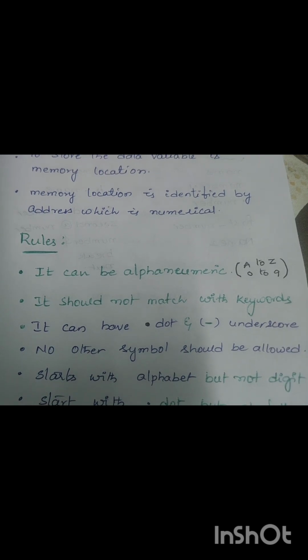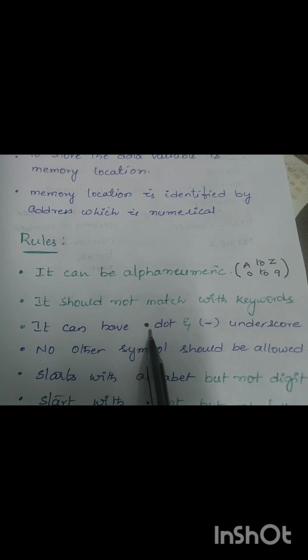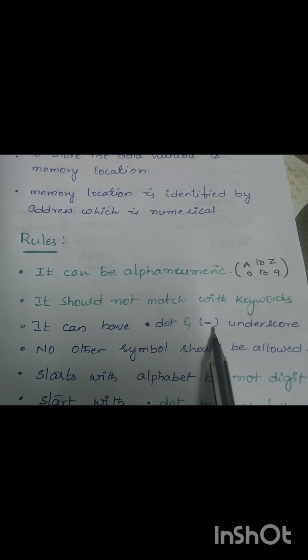In our previous video we discussed the keywords which we can use in R programming. So our variable should not match specific keywords. And a variable can have a dot and also an underscore. Dot and underscore are allowed in R programming.